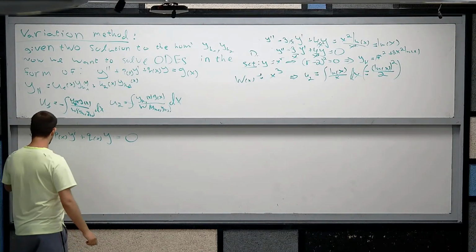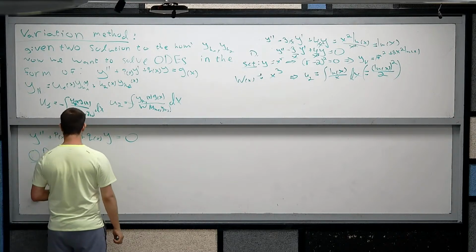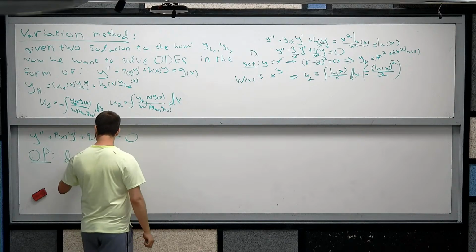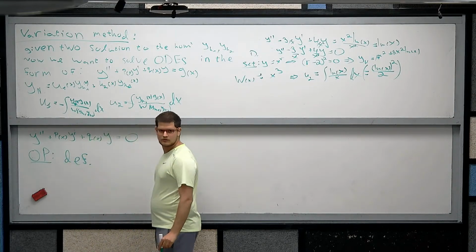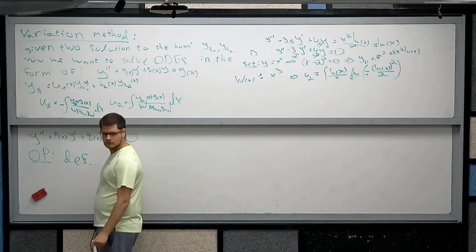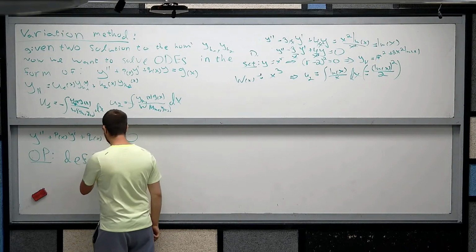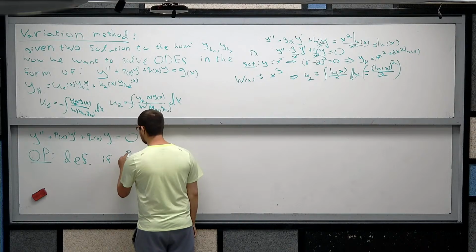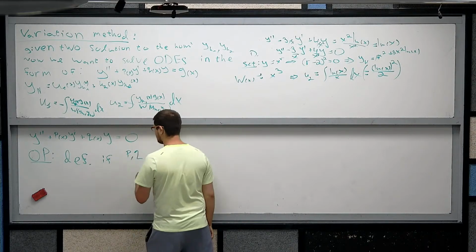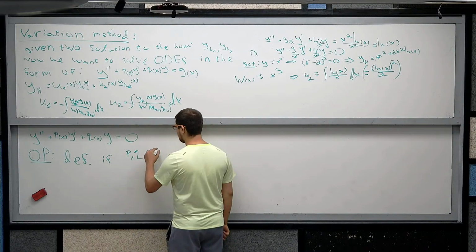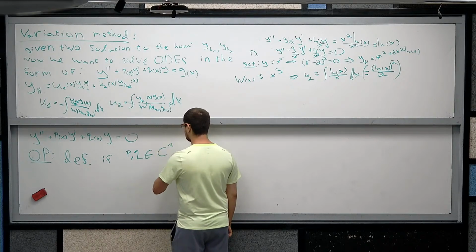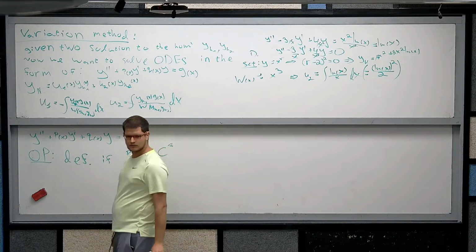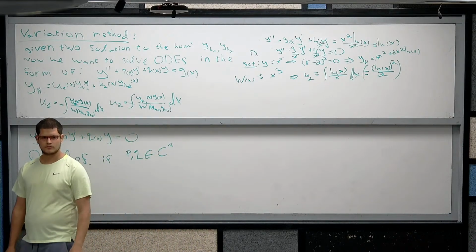Now ordinary point, OP. What is the definition? P of x and Q of x are analytic in the vicinity of the point. Let's write it fancy: P and Q are in C1. What is C1? Continuously differentiable.